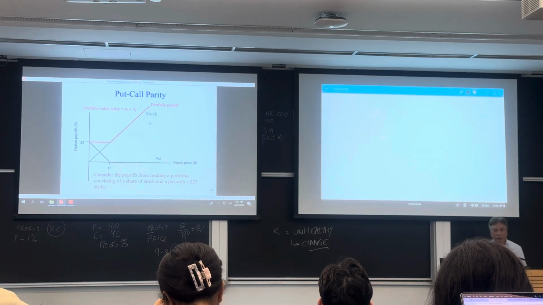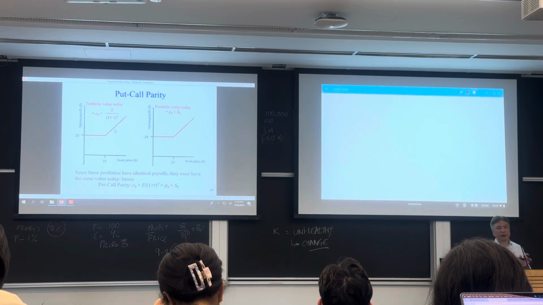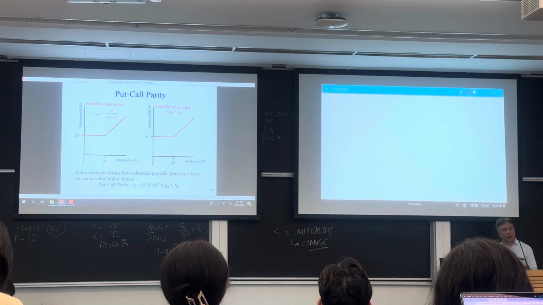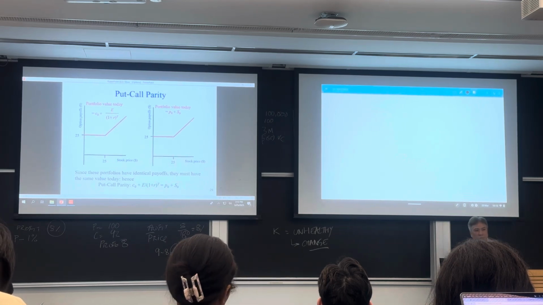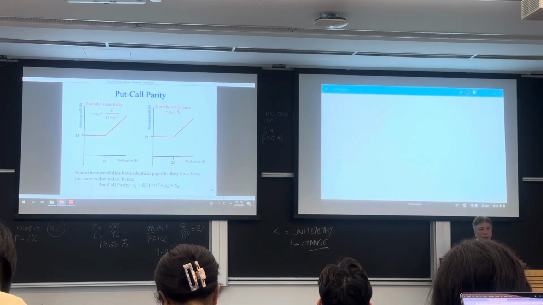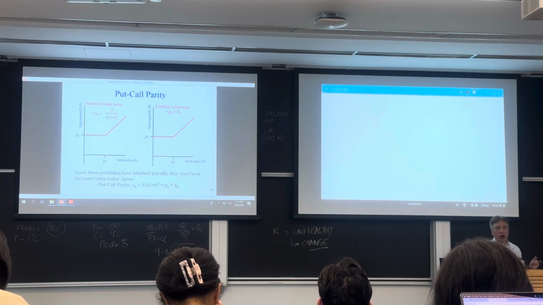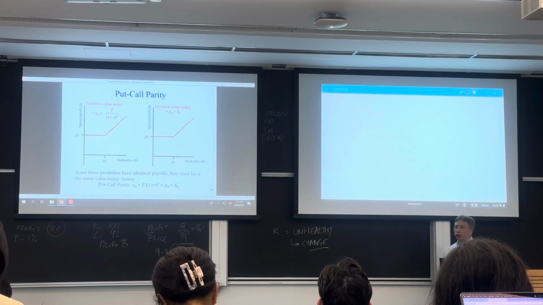Now, if you compare the two strategies, they have exactly the same future payoff. So if there's no transaction cost and the market is efficient, then the two portfolios should have the same cost today. Because if they have the same payoff in the future, they should have the same cost today. If one is cheaper than the other, there will be an arbitrage opportunity.